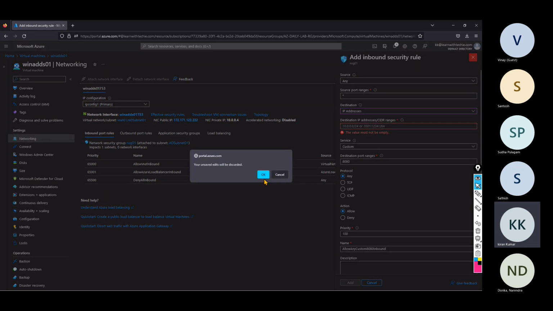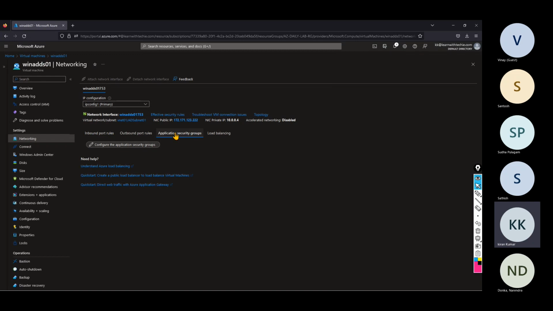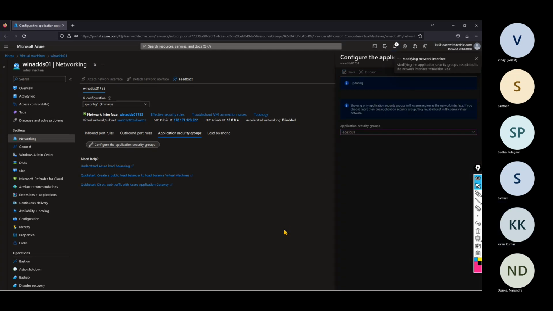Instead of that, we are talking about ASG, the application security group already just now deployed. I'm going to associate the application security group here. Configure, and here my AD is available, saving. Now it's associating the application security group here.